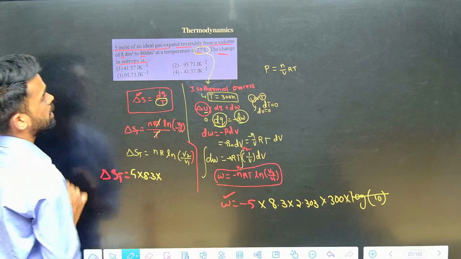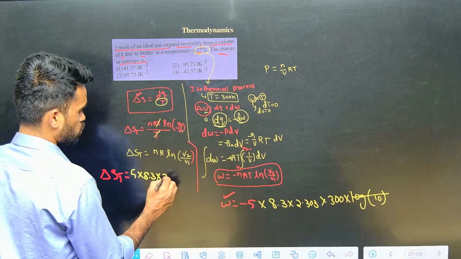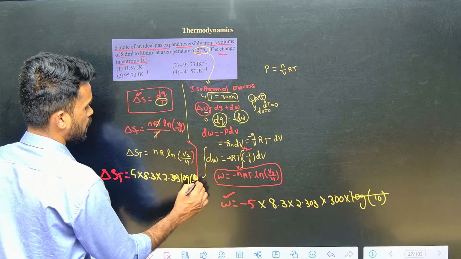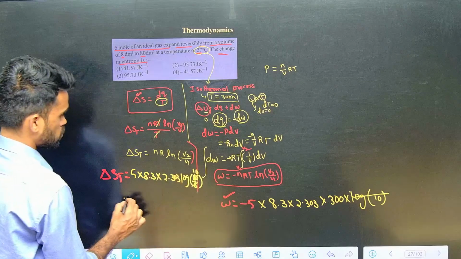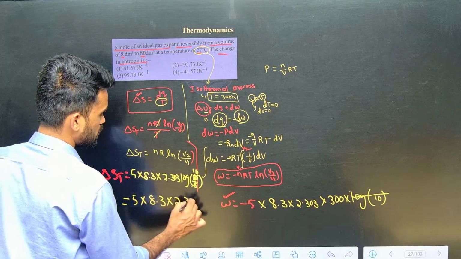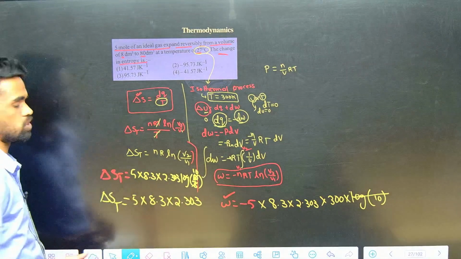Ln is there, so I am using 2.303 log V2 by V1, 80 by 8. This is 10, and log 10 is 1. So 5 into 8.3 into 2.303 will be your entropy change during this isothermal process.